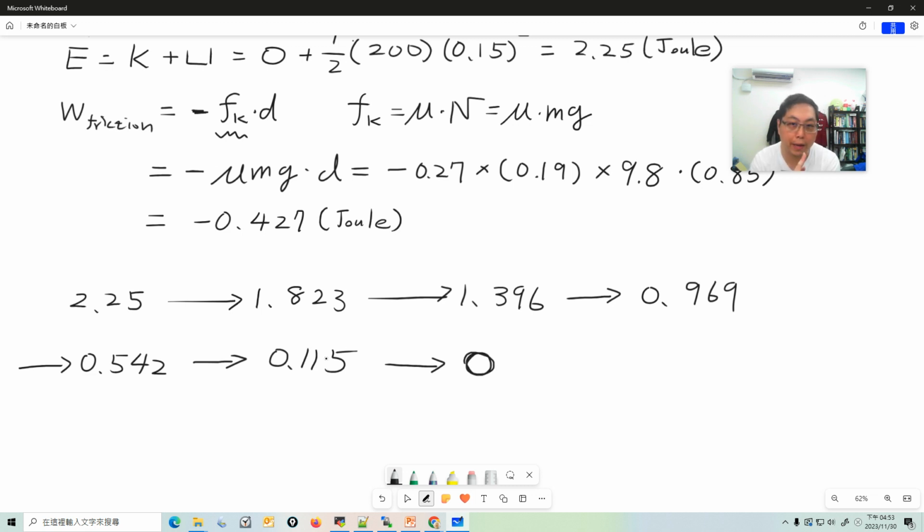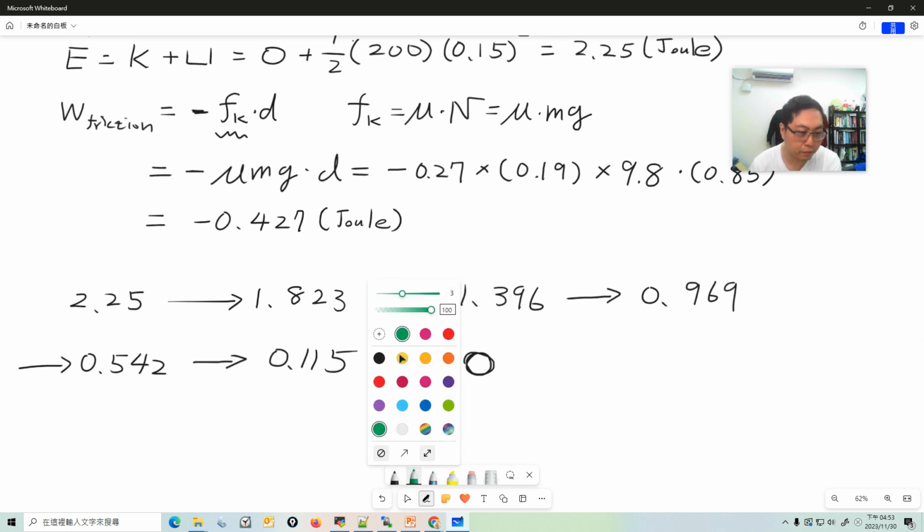Because each time it passes, it costs you 0.427 joule. So once you are at this situation, your total energy is 0.115. If you do one more time, it will become zero. Let's make a mark notation here.